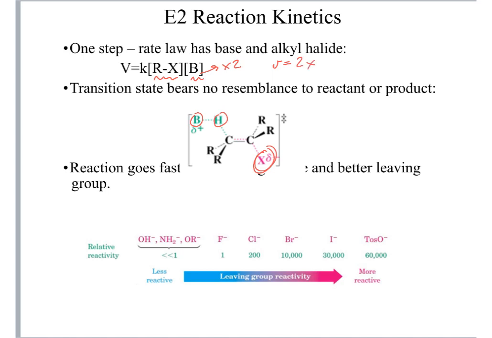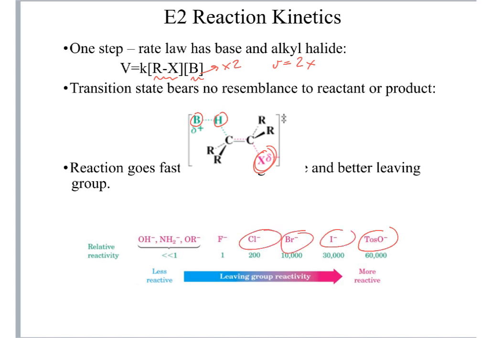If we double the concentration of the base and halve the concentration of the alkyl halide, the reaction rate would remain unaffected. So reaction depends on the concentration of the base, nature of the leaving group, and therefore the better the leaving group, the greater the reaction rate.